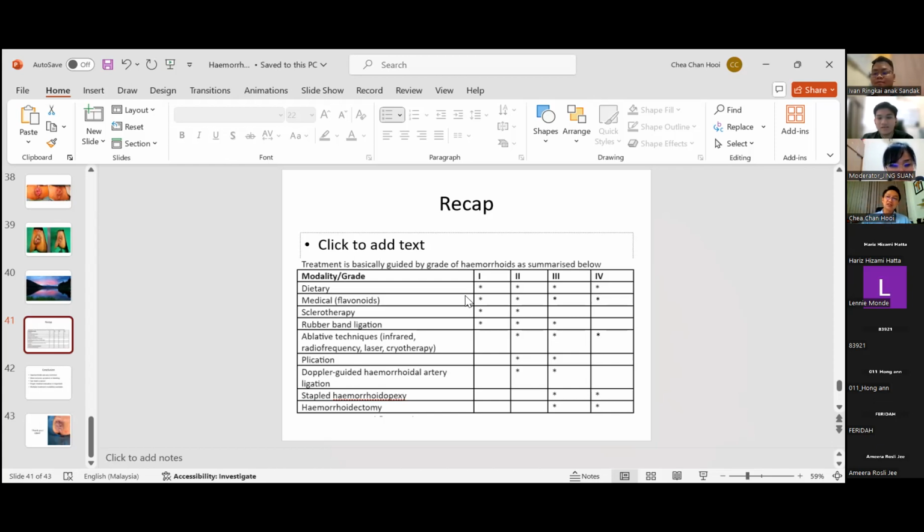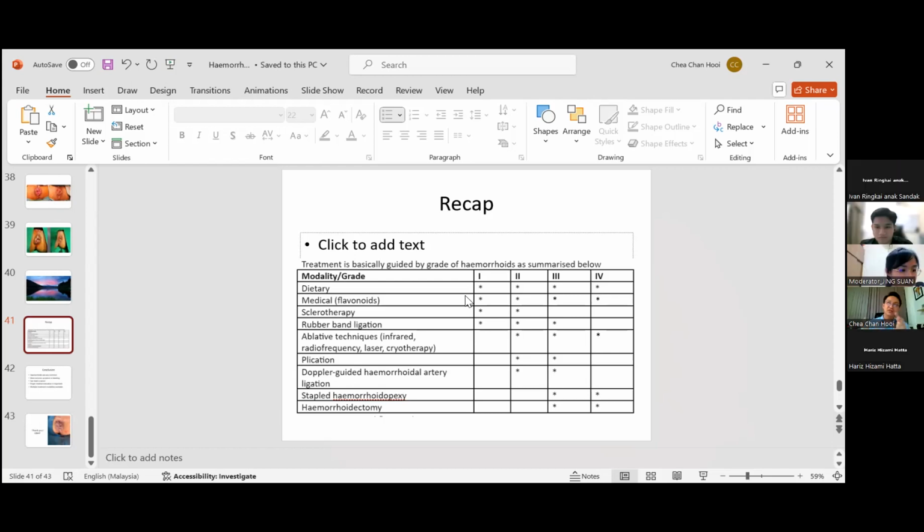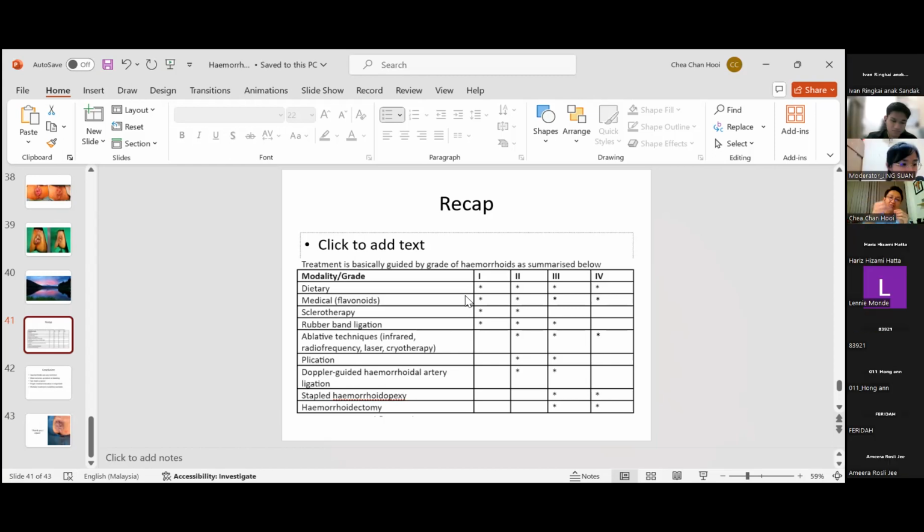Unless it is some form of congenital problem, then that is different. If they have anorectal malformation, the milder ones, not the anal atresia, where maybe the anus and the vagina or the vulva join together, then yes, they might present with rectal bleeding.